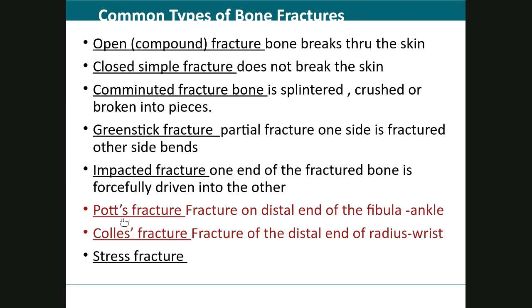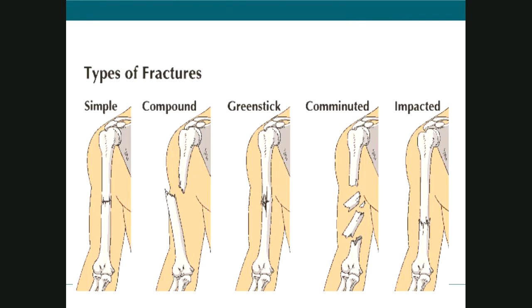Pott's fracture is a fracture of the distal fibula in the ankle. Colles fracture is a fracture of the distal radius. And a stress fracture can occur where it's just a splintering. You see this a lot in athletes. So let's look at what these look like. A simple fracture is often treated with just a cast.